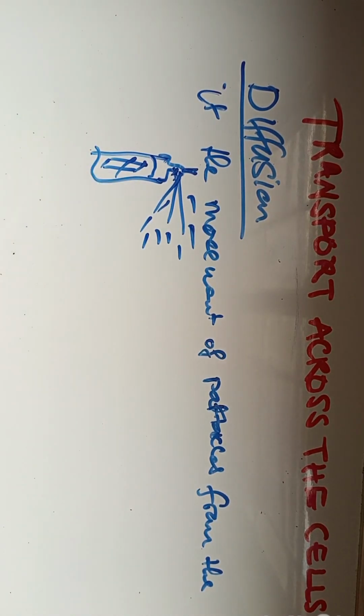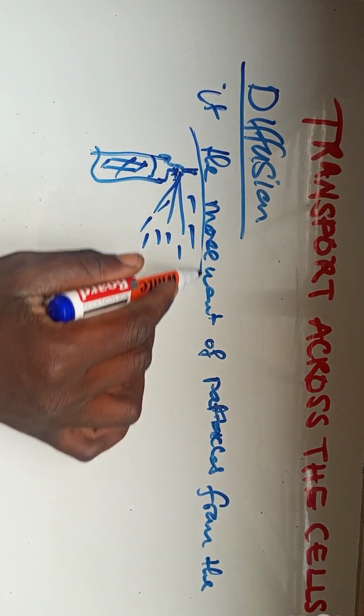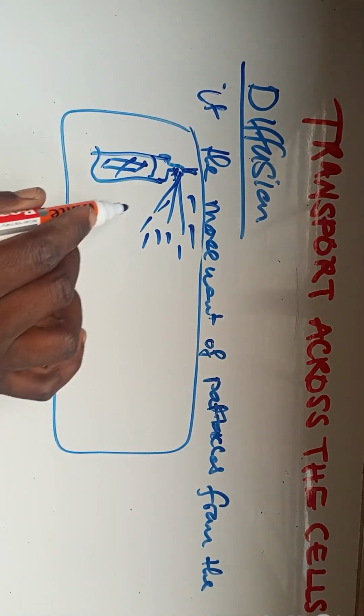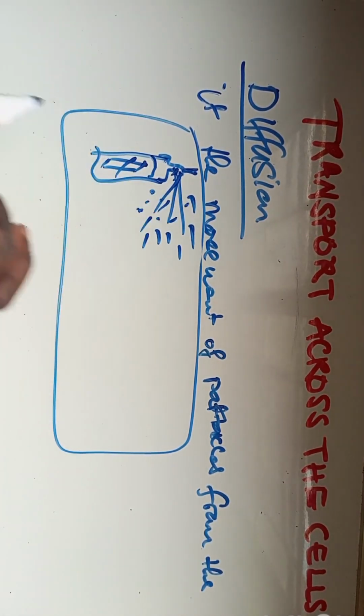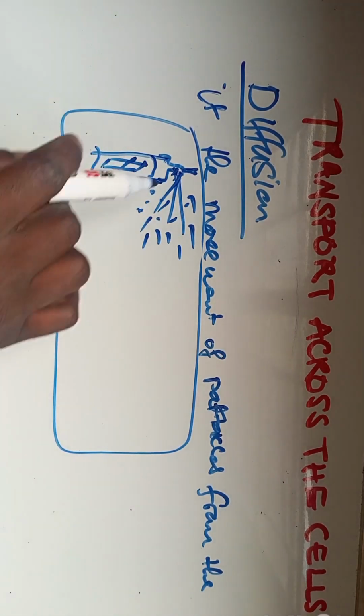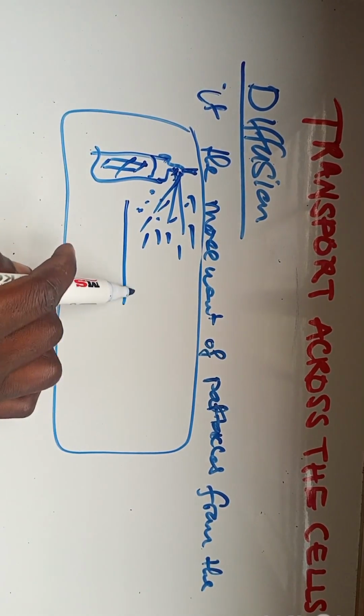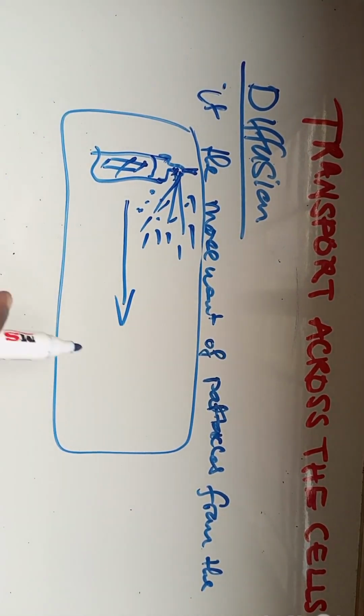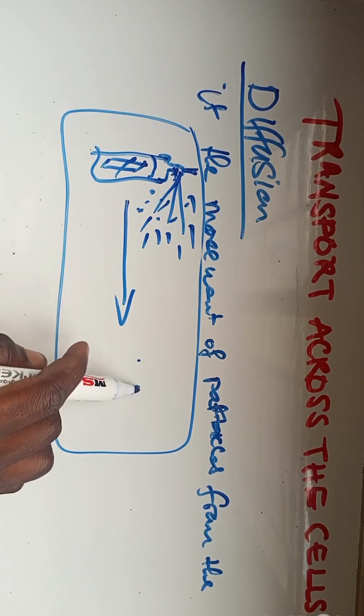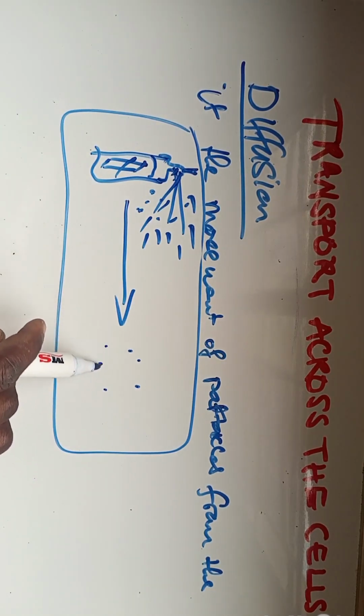When he pushes this button, the particles move out from the bottle, and since this is where he has sprayed the perfume, the particles are concentrated here. They will start moving to other places where the perfume particles are less concentrated.